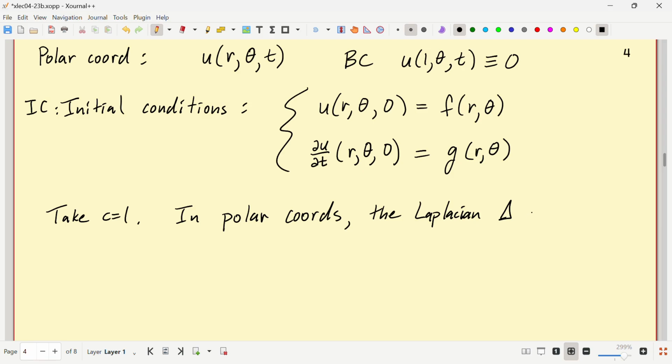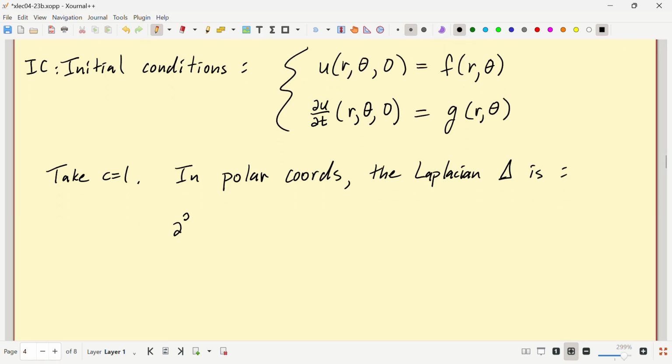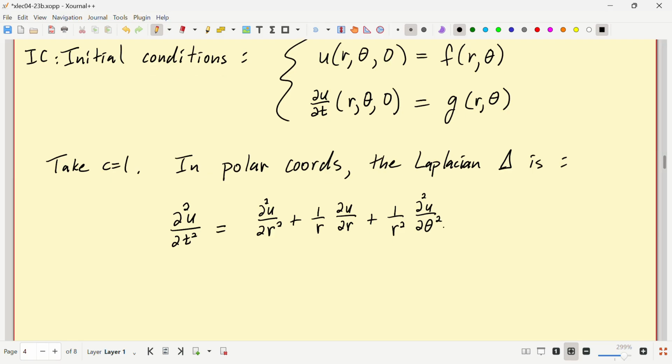We're going to have d²u/dt², but in polar coordinates, the Laplacian is d²u/dr² plus 1 over r du/dr plus 1 over r squared d²u/dtheta². Okay, so that's our PDE.